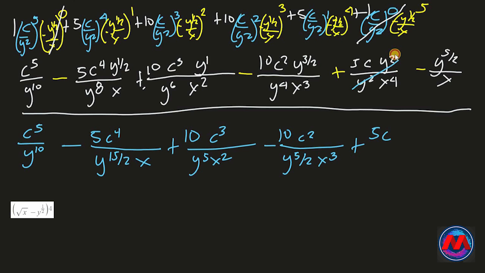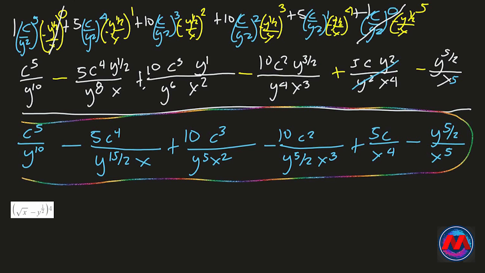So, ibig sabihin, ito, cancelled out tayo. So, ito, that's over x raised to 4 minus y raised to 5 over 2 over x raised to 5. Sorry guys, we forgot to write there. Raised to 5 there. So, ito ang ating final answer. This, guys, is our final answer.